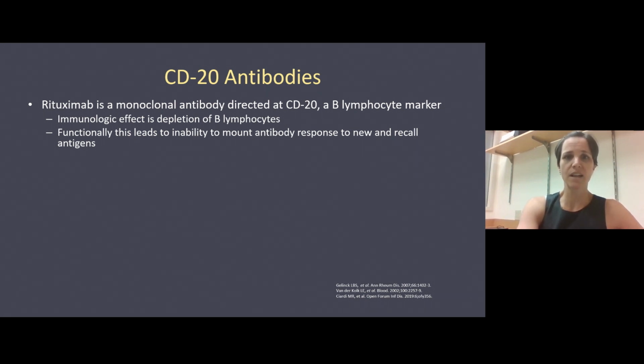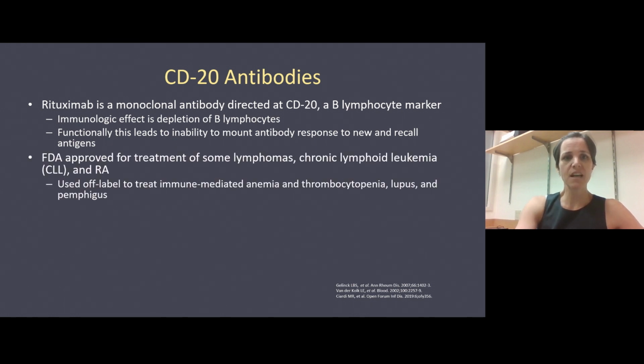Rituximab is a monoclonal antibody to CD20, which is a B lymphocyte marker. Immunologically, the effect is to deplete B lymphocytes. Functionally, this means you have an inability to mount an antibody response to new or recall antigens, so it really affects your ability to respond to vaccines after you've received rituximab. It's FDA approved for the treatment of some lymphomas, CLL, or rheumatoid arthritis.